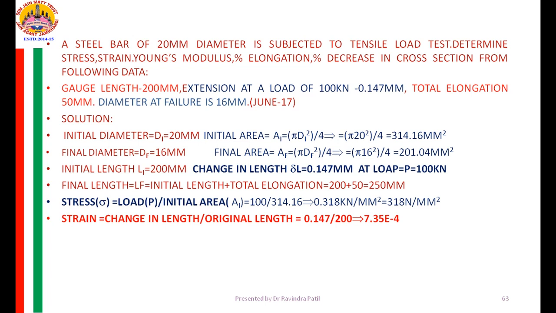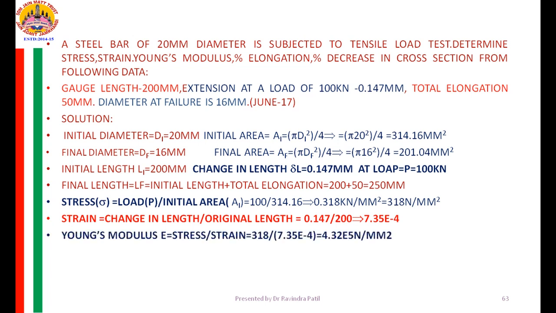This strain is nothing but the linear strain. I got the stress, I got the strain. Hence I can get the Young's modulus as stress divided by strain, so I will get it as 4.32 times 10 to the power 5 Newton per mm square.